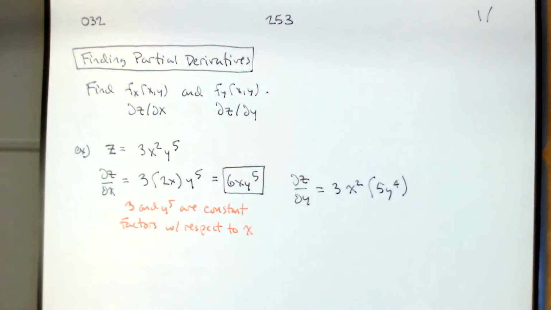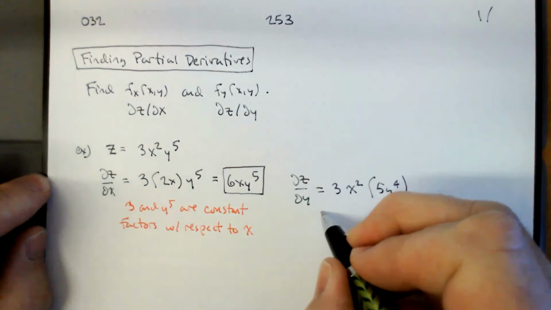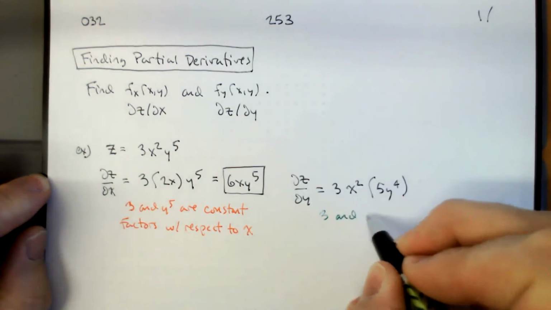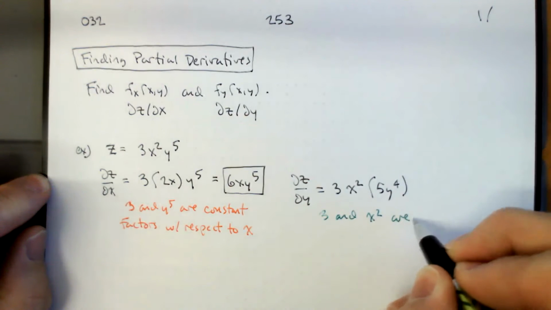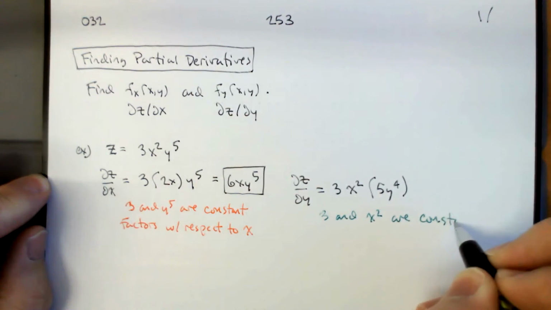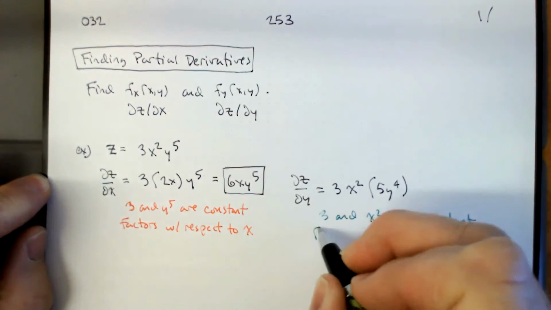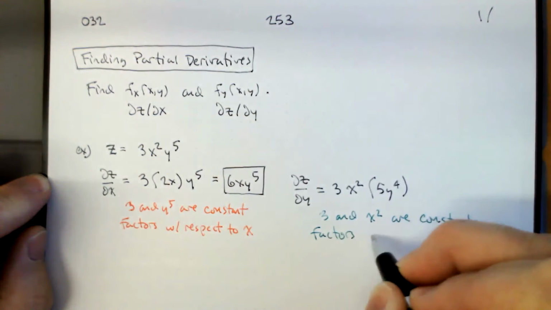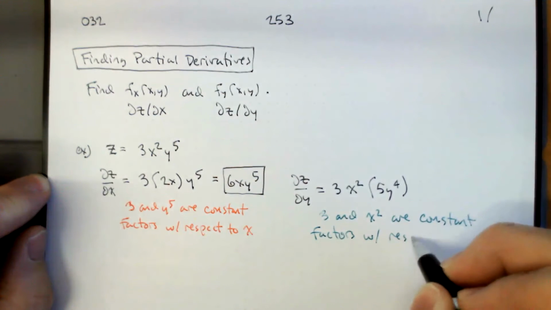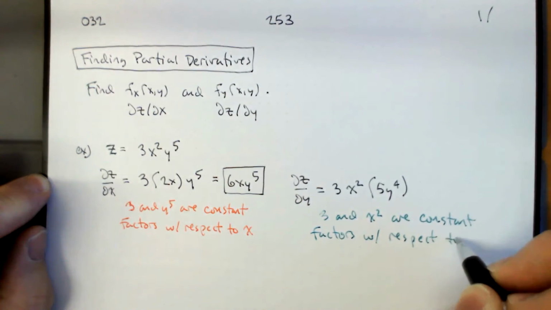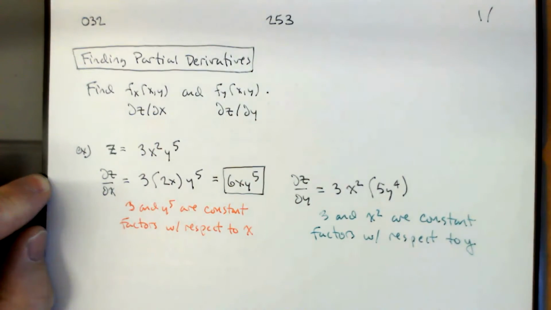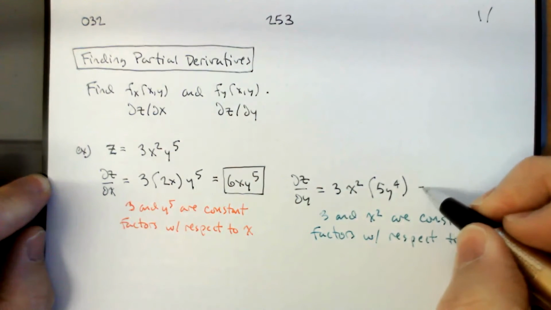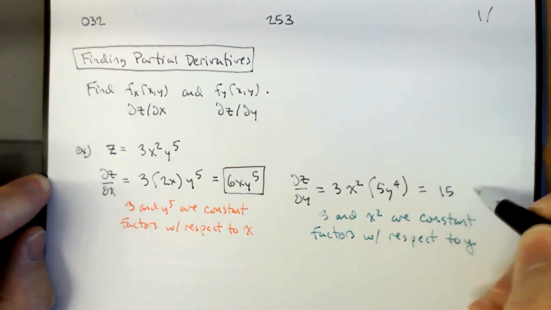So 3 and x squared are constant factors with respect to y. And like before, we would probably clean this up. 3 times 5 is 15. So 15x squared y to the fourth.